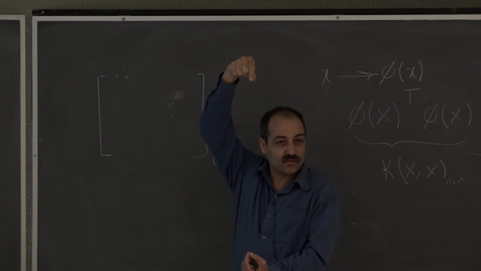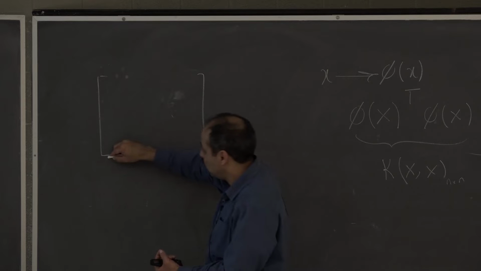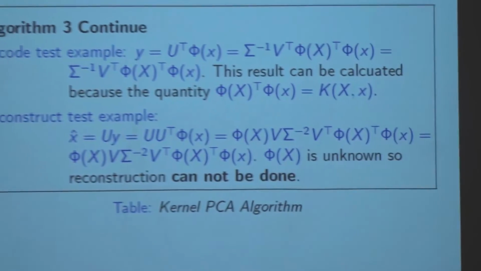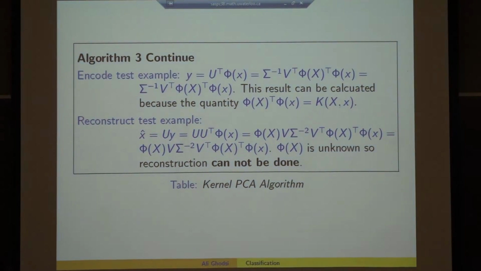It's going to be a vector of length n. Similarity of the first data point with this new one, of the second data point with this new one, of the last data point with this new one. It gives me n similarities, so it's a vector of length n.